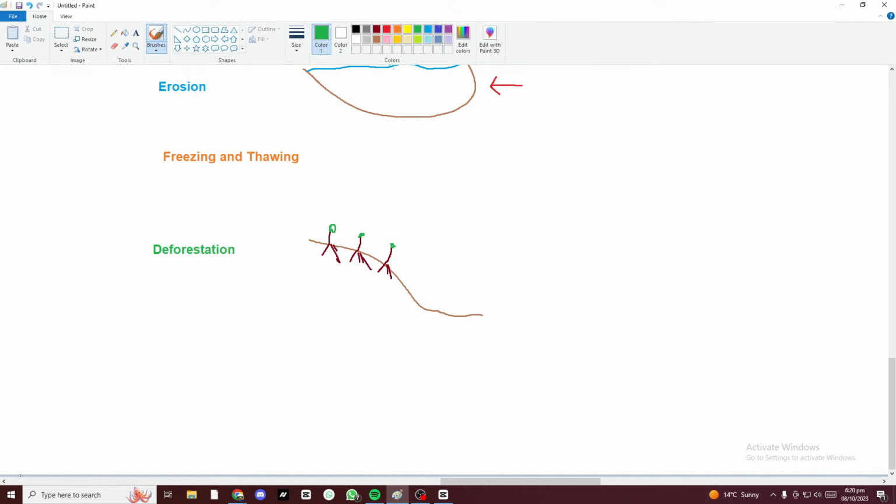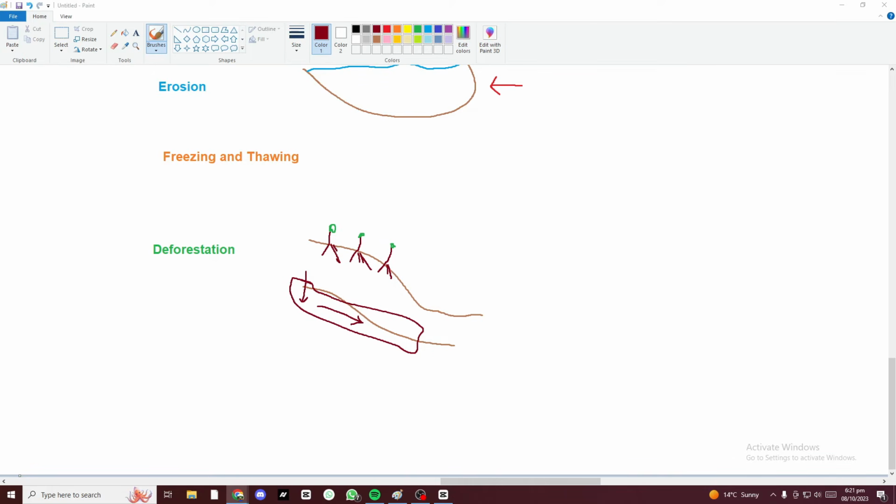What happens is when these trees are cut down, there is nothing keeping this topsoil in place. So when there are heavy rains, there is no interception either. The water infiltrates straight into the ground, and this causes the soil to become saturated, and this can lead to a landslide or mudslide.